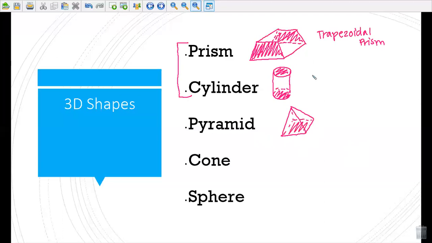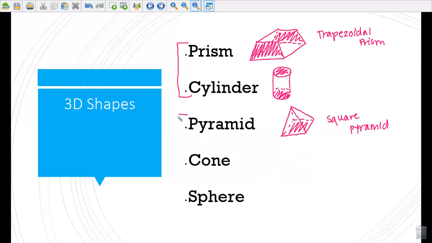Just like with your prisms, you name it based on the base, so this would be a square pyramid. A pyramid is characterized by one base and then triangles coming from each side of that base that meet at your one vertex at the top. This one's going to have triangles all the way around. So a prism has rectangles, a pyramid has triangles.